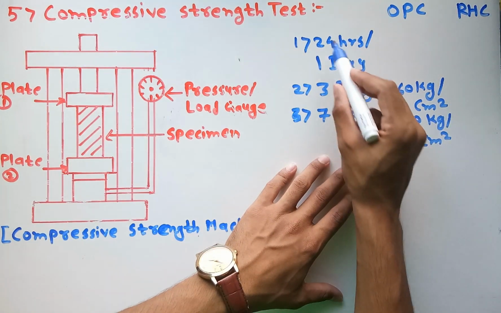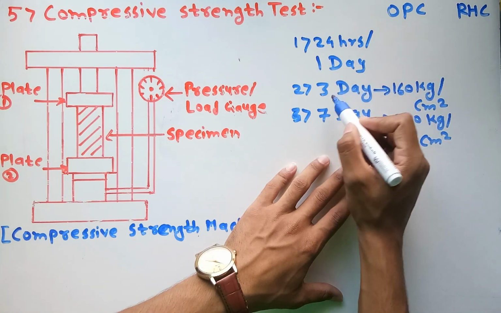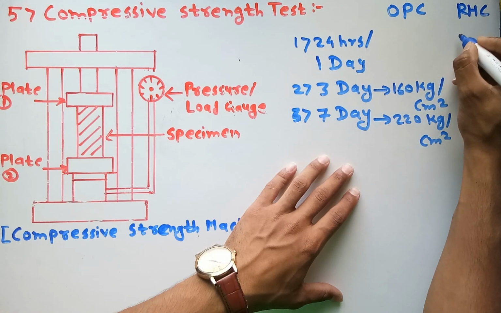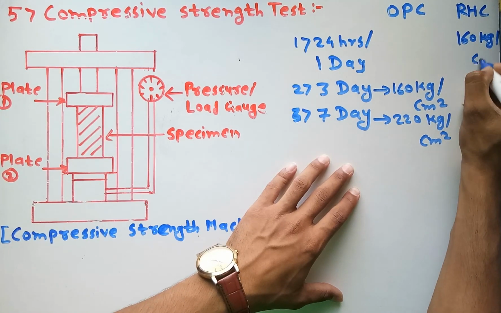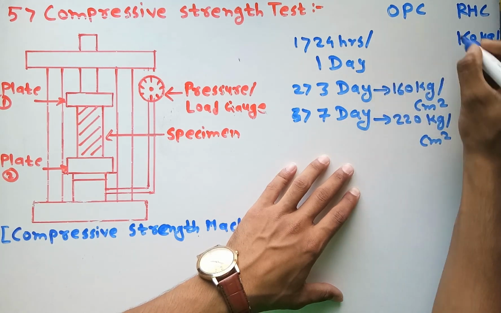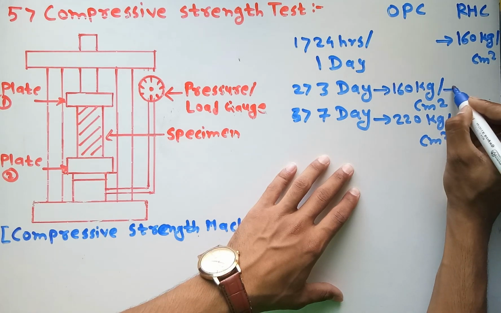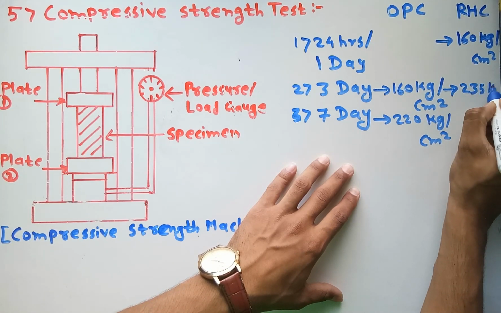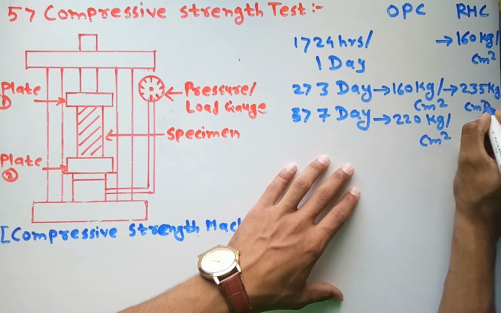After 24 hours, that is 1 day, it gives the strength that OPC gives in 3 days, that is 160 kg per centimeter square. And after 3 days in rapid hardening cement we get a strength of around 235 kg per centimeter square.